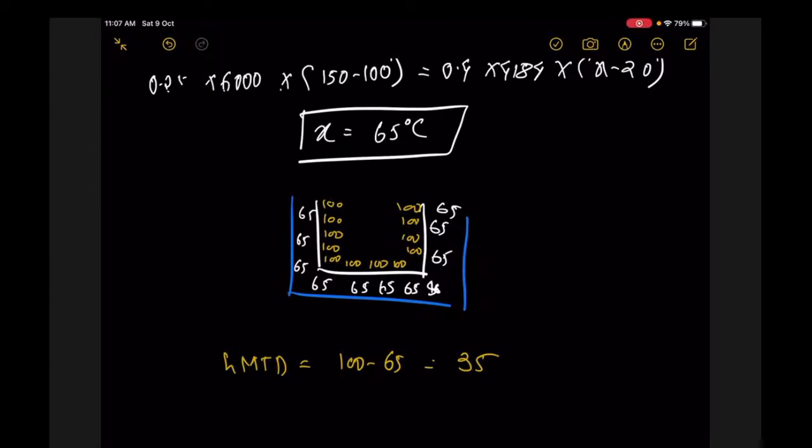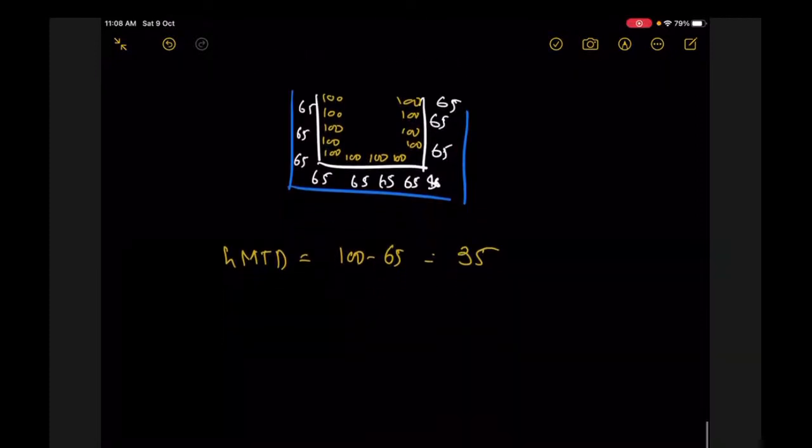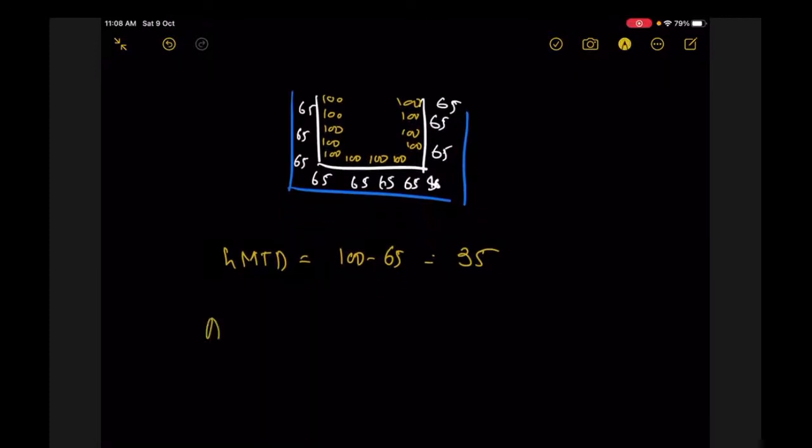So calculate this area. Tell me what is the answer. So here area is equal to 7,500 into 35.